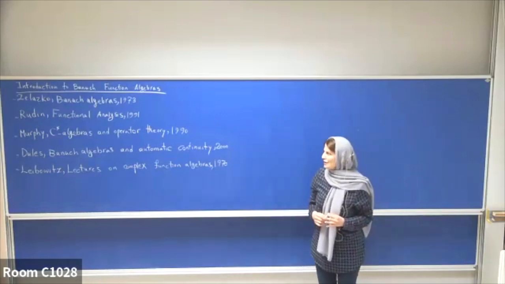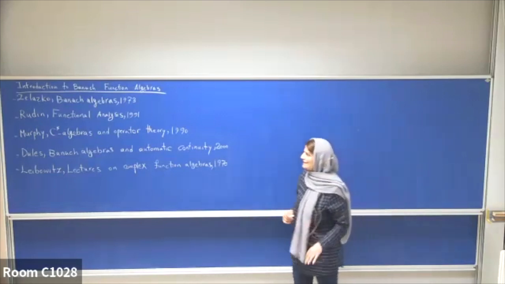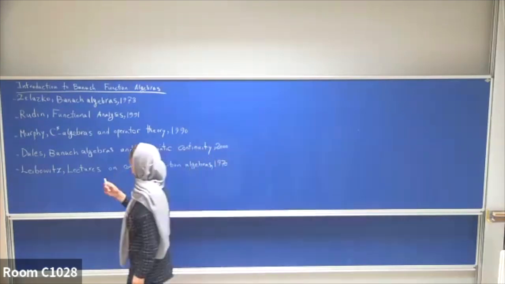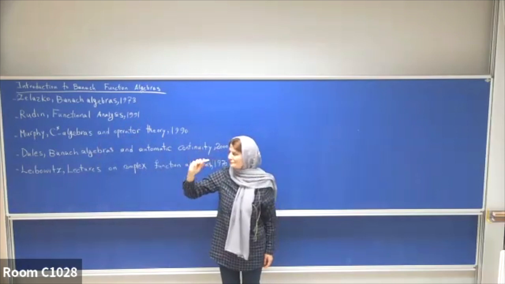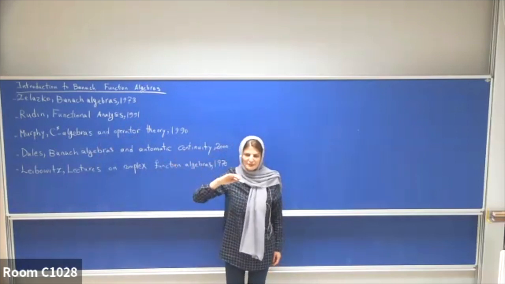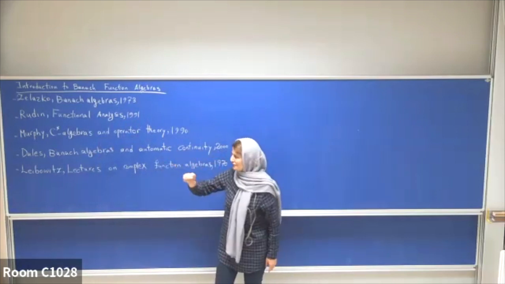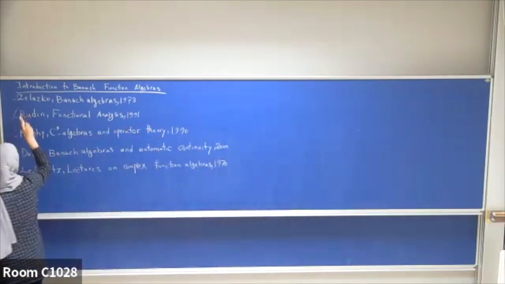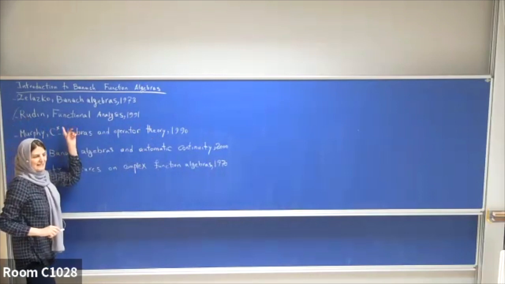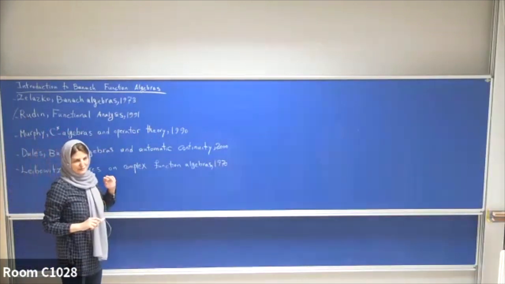Okay, for references, I can, for example, mention Zalasko, Banach algebras, and Rudin. I mainly use Rudin, Functional Analysis. Of course, chapters 10 and 11 are devoted to Banach algebras.